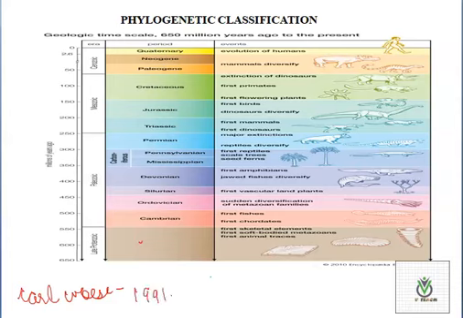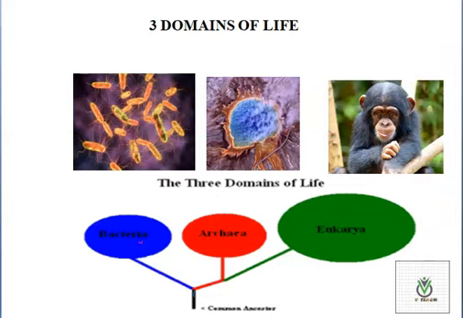According to Carl Woese, the organisms are divided into 3 domains, and these three domains are bacteria, archaea and eukarya. A domain is basically the largest taxon of classification, which is further divided into kingdoms. According to the 5 kingdom classification, one of the kingdoms is Monera.